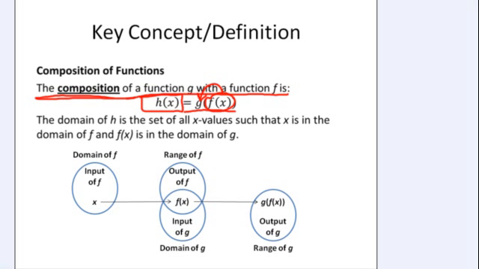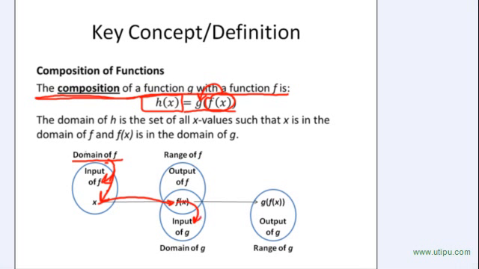So we start out with function f, and the domain is the input of function f, and those are the x values that we plug into this function. Then the output of function f, which is f of x, is what we then plug in to function g. So that becomes the input of function g.